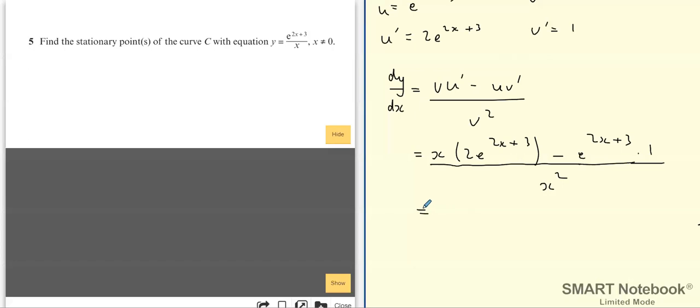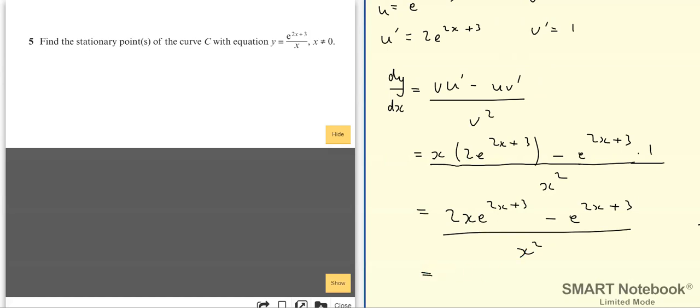Well, actually, I'm just going to simplify this a second. When I multiply this, I'm going to get 2x e to the 2x plus 3 minus e to the 2x plus 3 all over x squared.